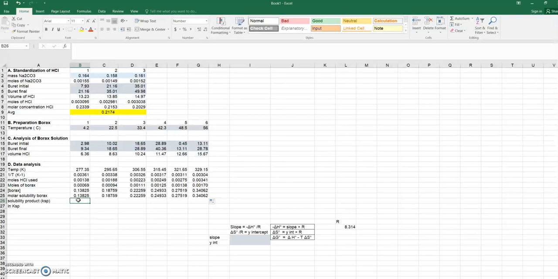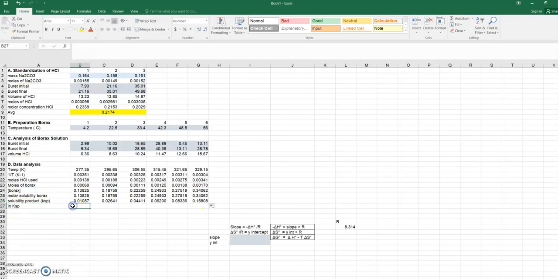So what you want to do is equals 4 times, and then parentheses, this, and then you want to use the caret 3. And then that will get you 0.0157. Again, you can copy those all the way across. So again, it was 4 times the B25, or the molar solubility cubed. And if you're not sure where I got these from, go back to the other video on YouTube for the calculations, so that you can see how I got those.